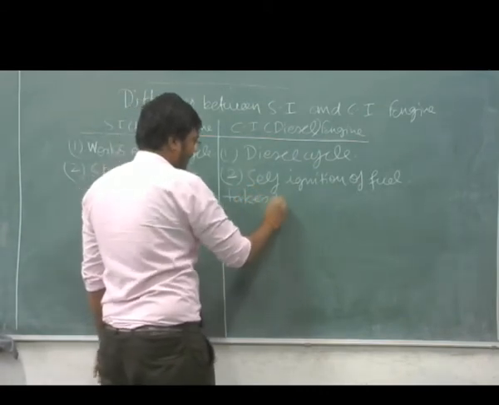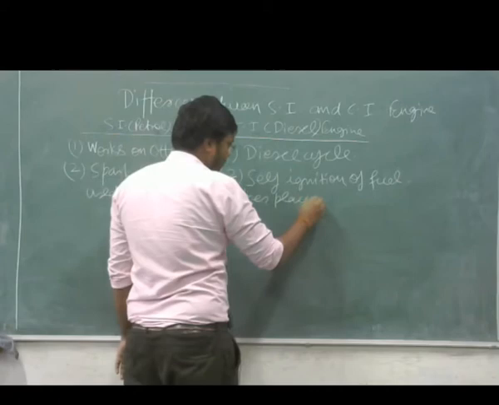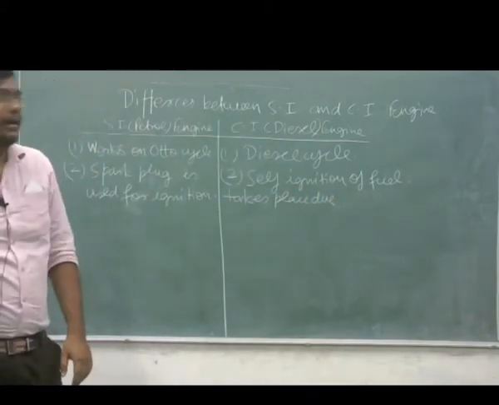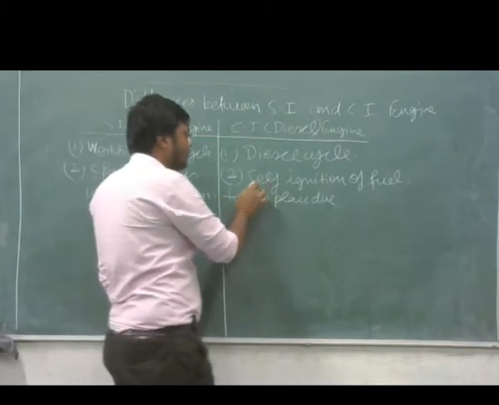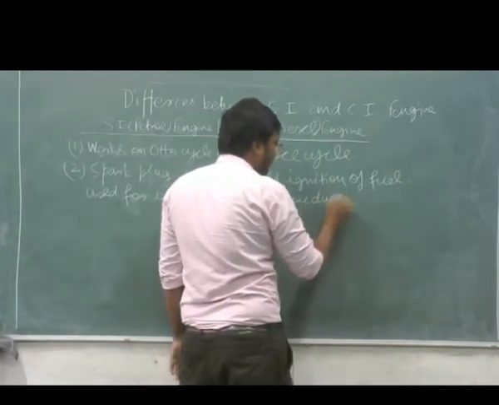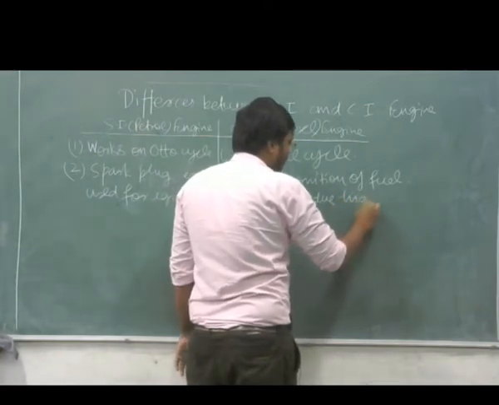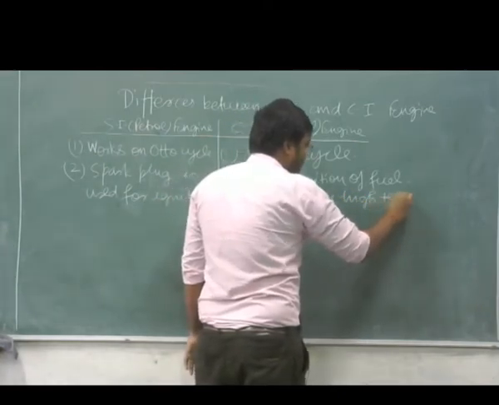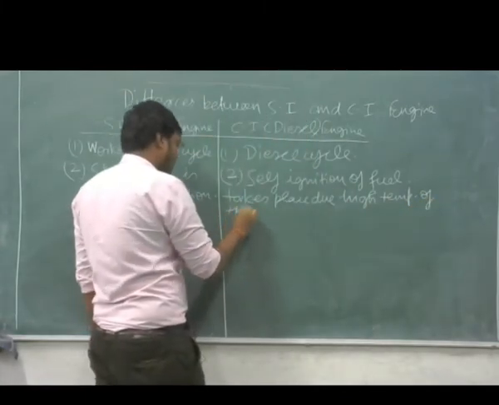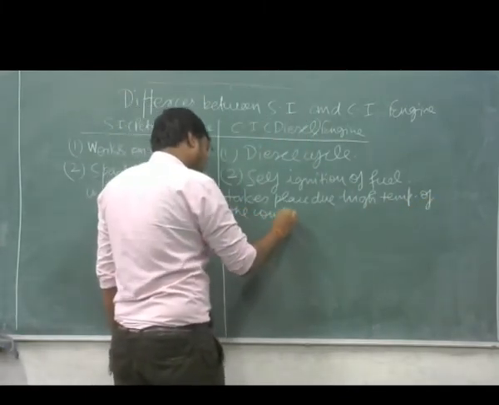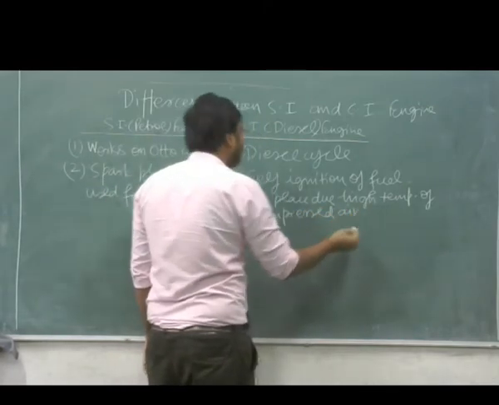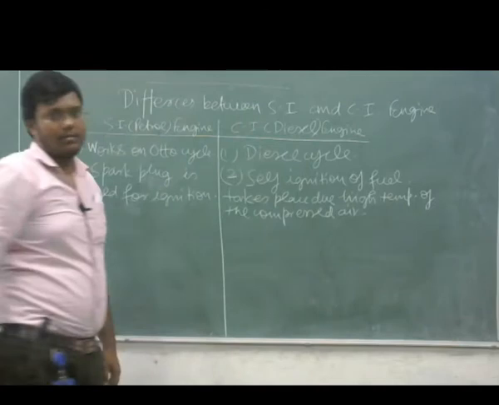It takes place due to compression of the air. How does this self ignition happen? Due to high temperature of the compressed air. That's why it is named compression ignition engine.